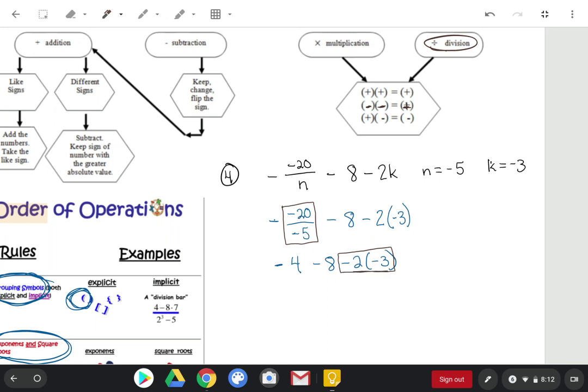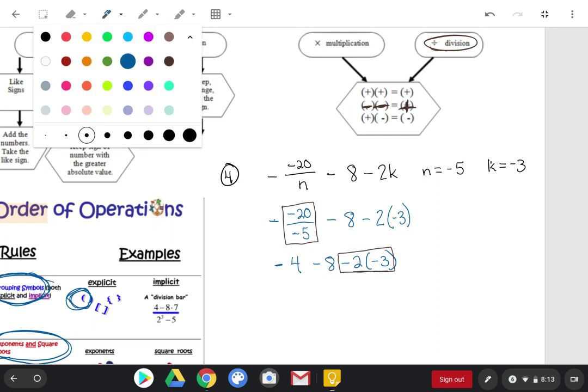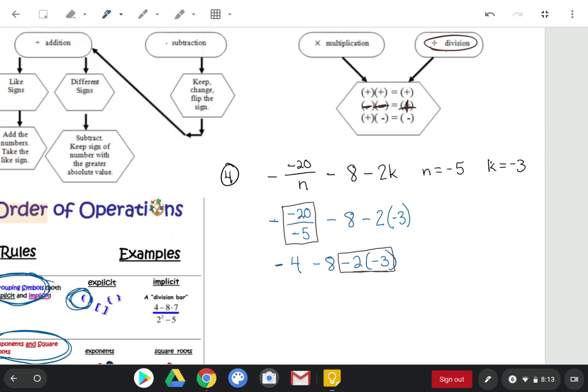Negative 2 times negative 3. Again, a negative times a negative gives us a positive. So I'm going to replace that box with a positive number, all right? So here I go. I'm going to copy down the negative 4.